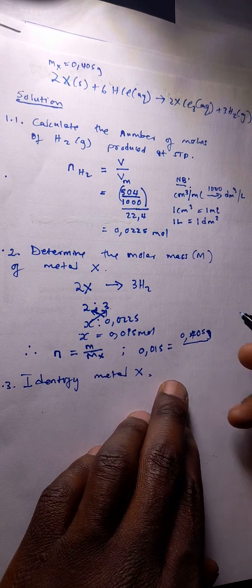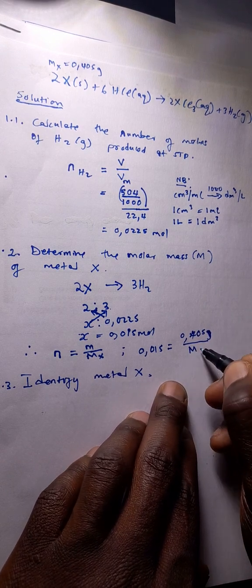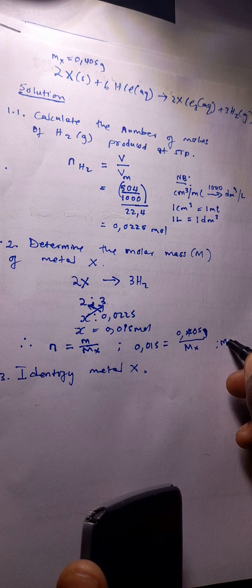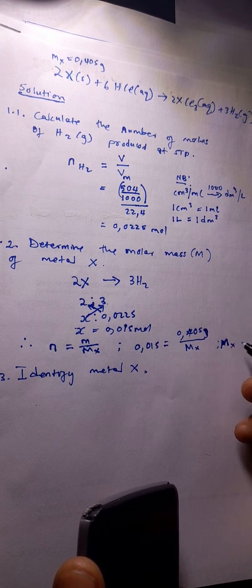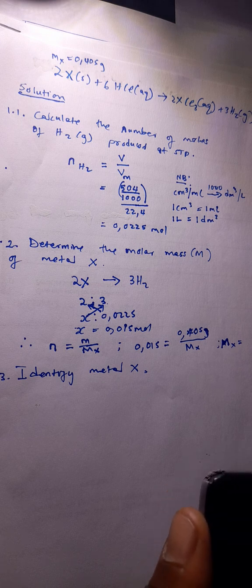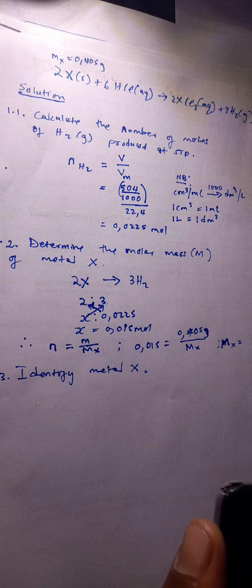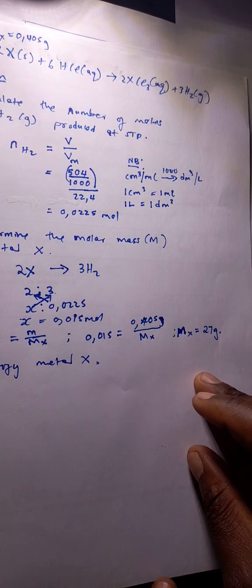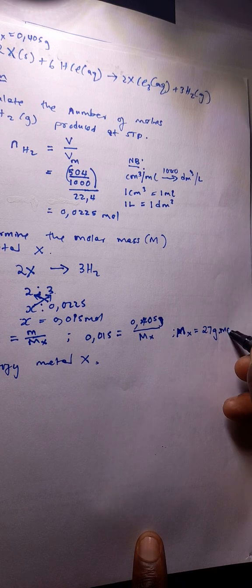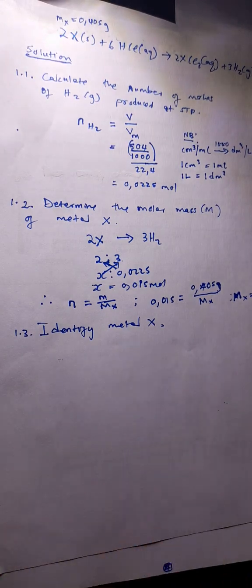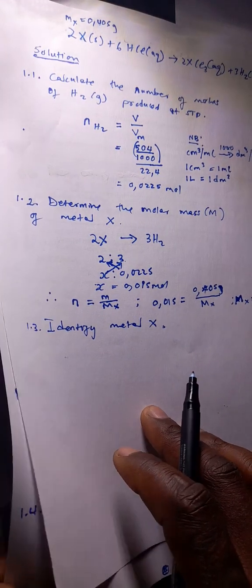Then we are looking for the molar mass of X. Therefore your molar mass of X will be equal to 0.405 over 0.015, which is 27 grams per mole. Identify metal X. 27, that's aluminium.